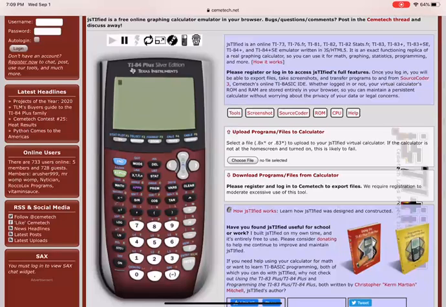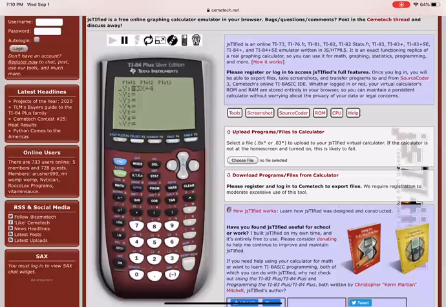Okay, so I'm going to start with y equals, and I'm going to start with the line, let's say 3x plus 4. And I'm going to go over to the left by pressing the left arrow, to the far left, and you can see that the cursor is under that diagonal line.